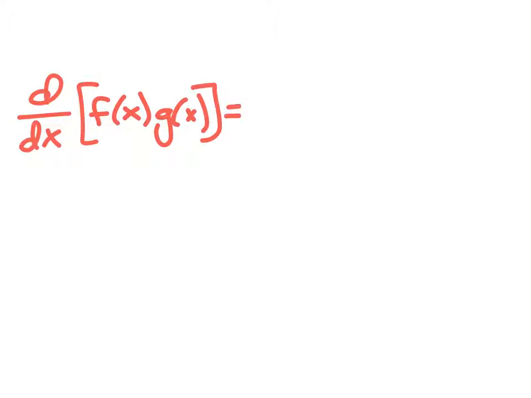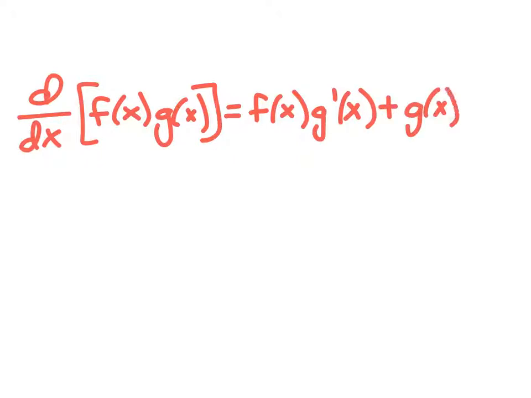The formula says you take the first function, which would be f of x in this case, multiply it by the derivative of the second function, so that would be g prime of x, plus the second function, g of x, times the derivative of the first, which would be f prime of x.